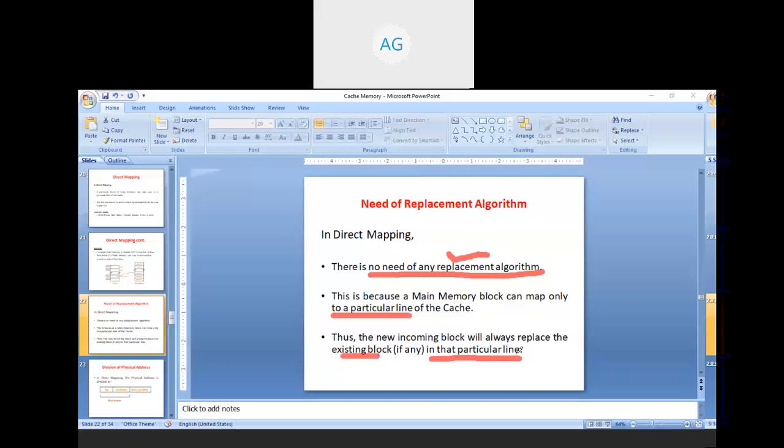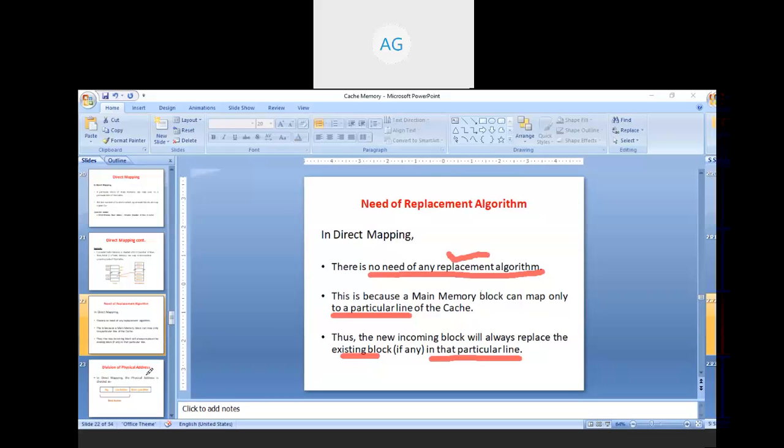Even if a block is already mapped in the cache memory, that block is going to be replaced if a second block comes at the same position. The formula is given in such a way that we just need to follow it, and that's why there is no replacement algorithm here. It is just a strict form of mapping.